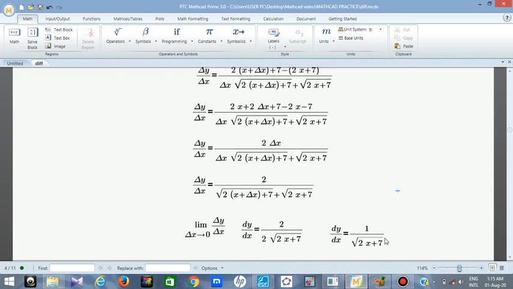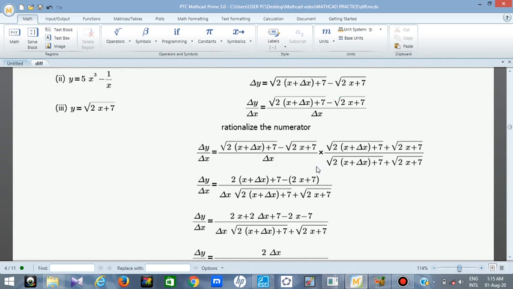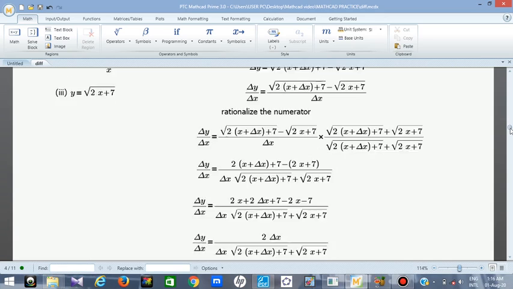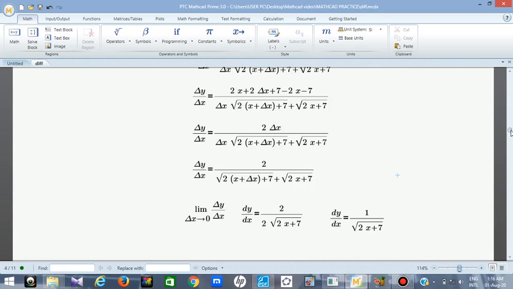So this is the differentiation of that function. When you differentiate square root of 2x plus 7, this is what you are going to get as your answer: 1 divided by square root of 2x plus 7.